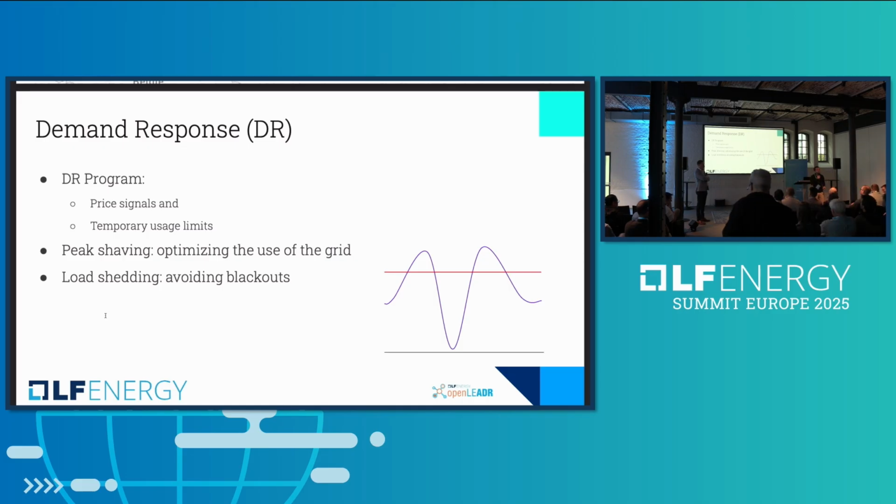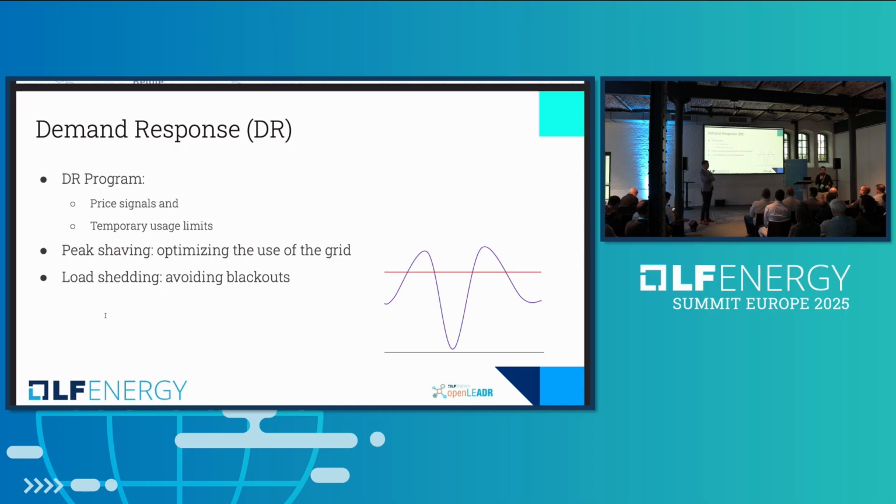If we needed more electricity, we would just ramp up production and the grid would balance out again. So we want demand to follow supply now, and we can do it by rolling out so-called demand response programs. And from the perspective of a network operator, say a DSO in the Netherlands, it means sending out price signals or temporary usage limits, all to influence consumption behavior and to help stabilize the grid.